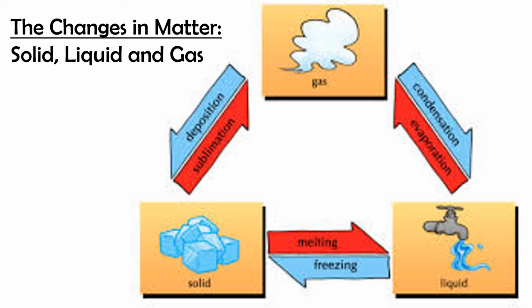Then, what happens to the solid once there is a change of temperature? If there is heat, or once the solid is taken out from the fridge, of course this solid ice will definitely melt. So this is how matter changes. That is because of the temperature, and of course the pressure is also one factor.